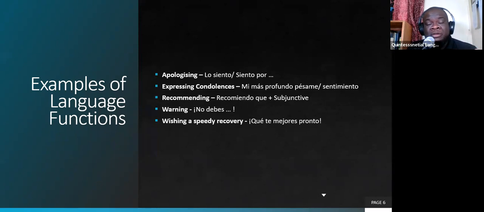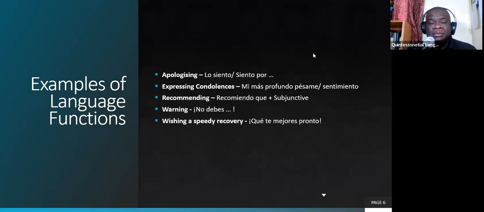Are they requiring me to give a recommendation in Spanish? Is CXC requiring me to wish somebody a speedy recovery, to warn, to congratulate, etc.? So we need to look out for these key things whenever we are approaching the directed situations in the exams, right?